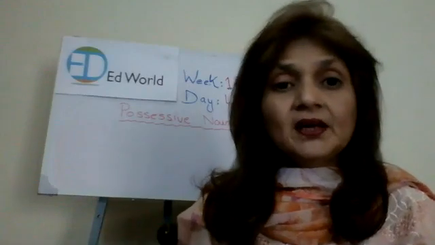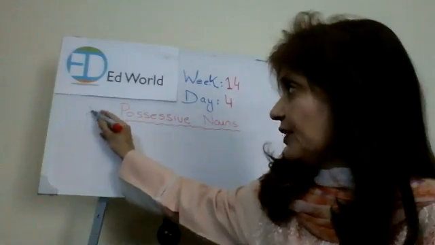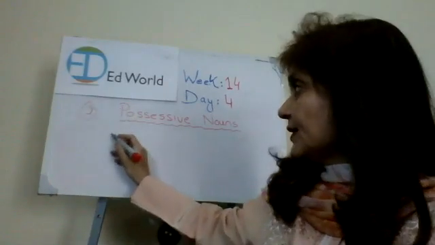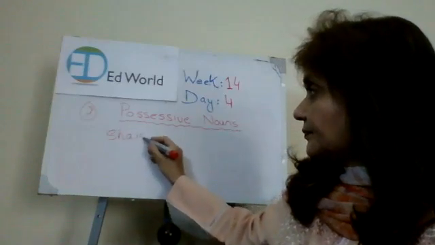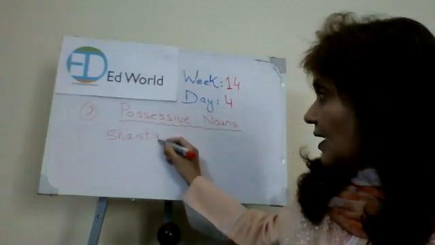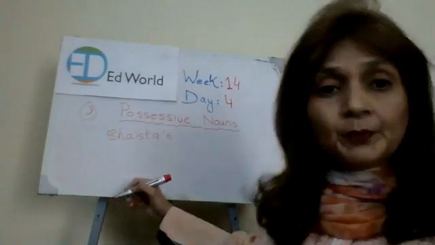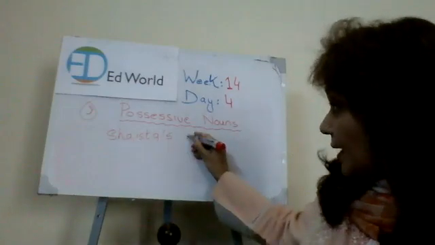But when we are writing possessive nouns, we have to write down an apostrophe like this. Like you say, Shaista's, apostrophe and S. So Shaista's marker.